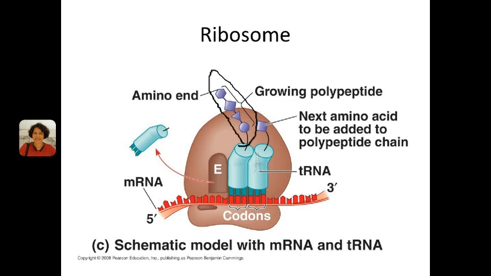So it's carrying the whole polypeptide that has been synthesized so far. And then the one on the A site is carrying the latest amino acid, the one that is now its turn to be added to the polypeptide chain. And we're going to see in the upcoming slides how this process is accomplished.